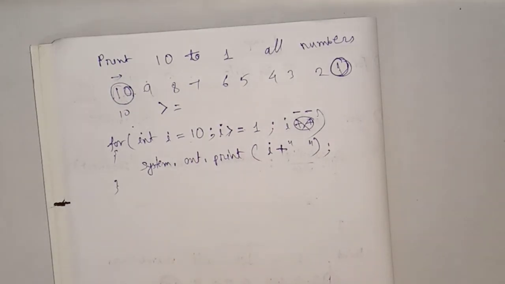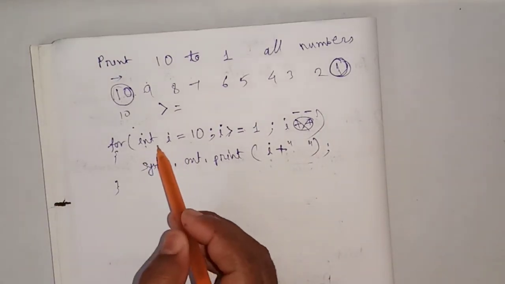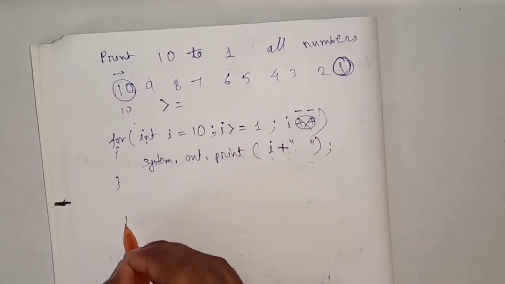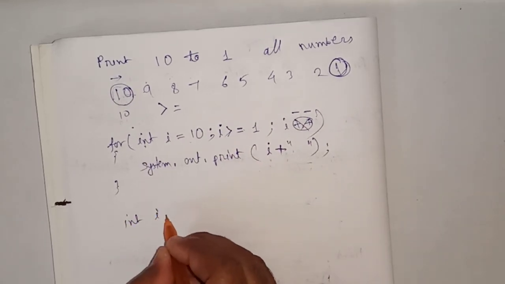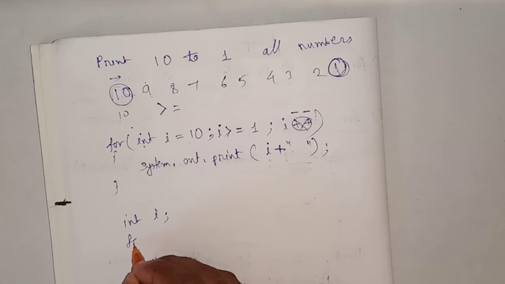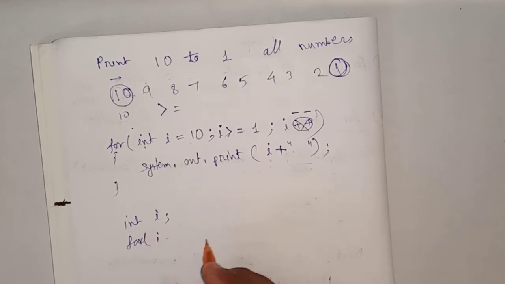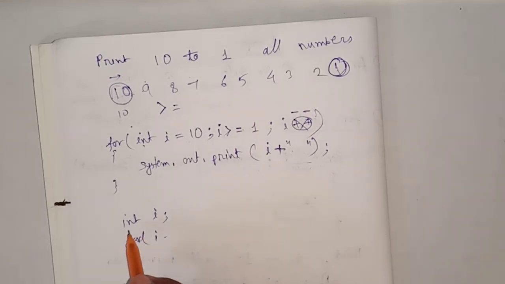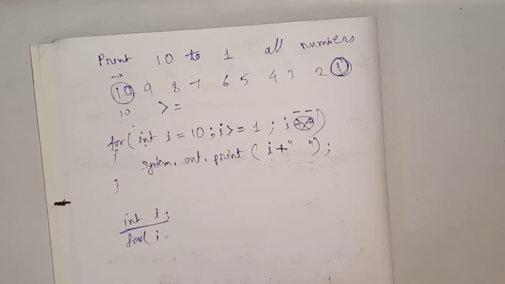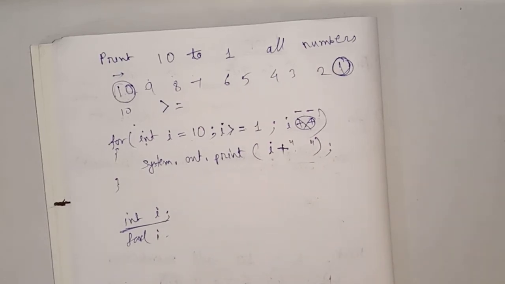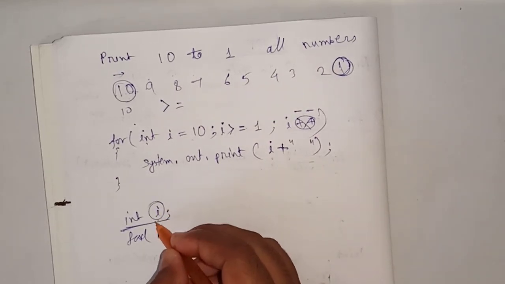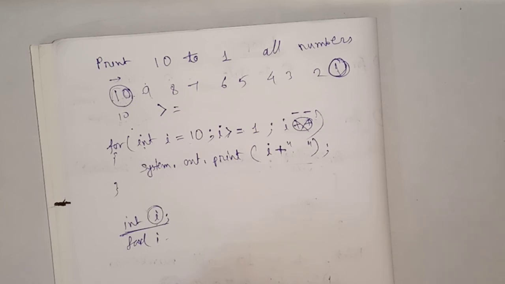Okay, now this time we are printing sequentially. First I'm telling the difference between these. If I'm writing int I in the for loop, then we can use this I only there. Suppose in a program there are 2 for loops, so we can use this I in the next for loop without any problem.